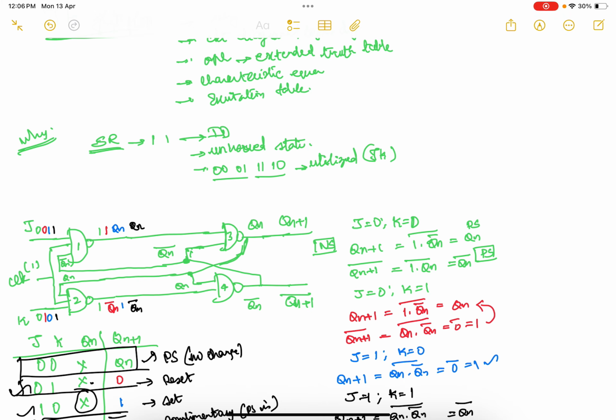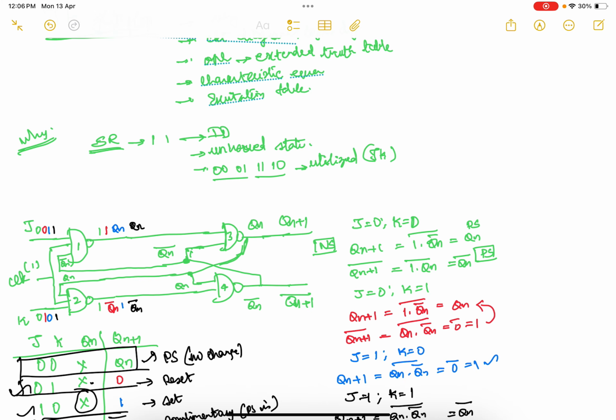Similarly, Qn is connected as feedback to gate number 2 and 4. Since there are now 3 inputs for gate number 1 and 2, the output of gates 1 and 2 will be determined based on those 3 inputs.